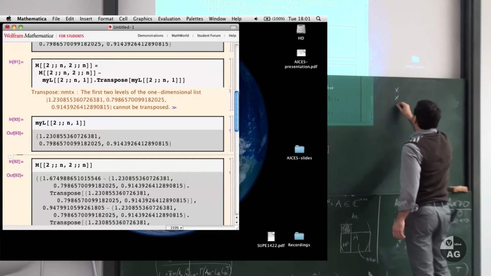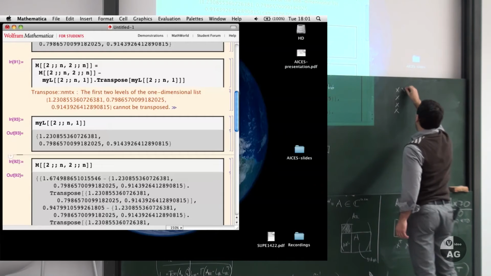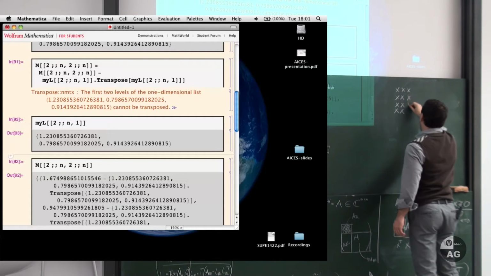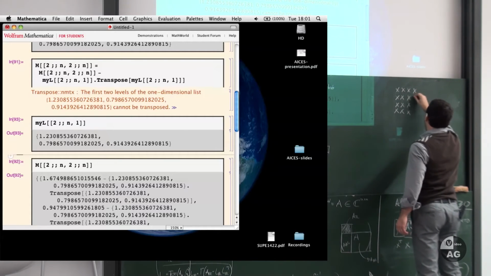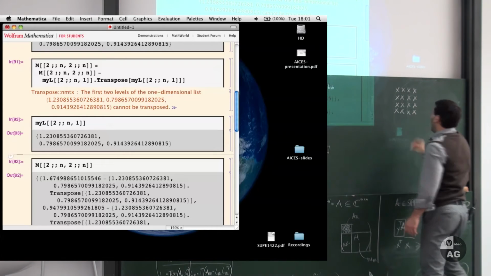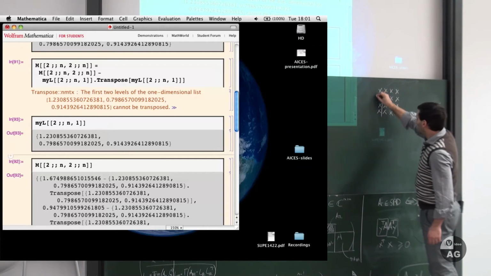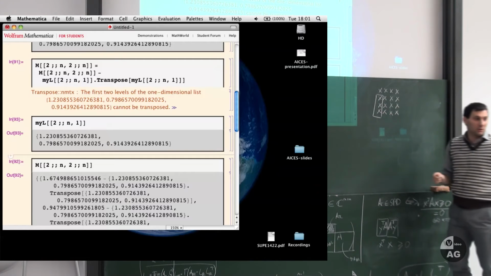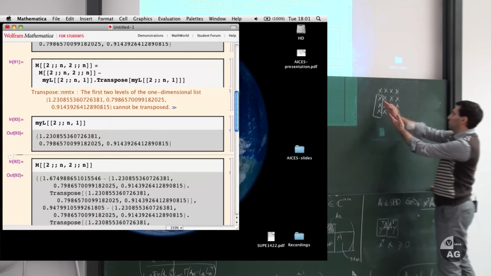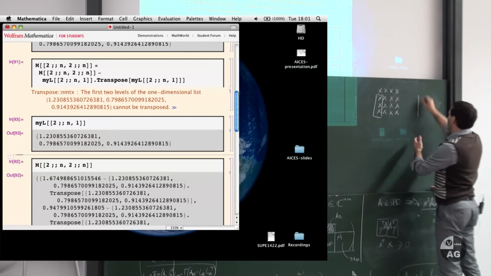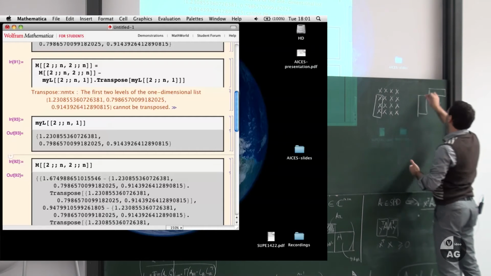We have a 4x4 matrix. And we are trying to access this vector here, this column, piece of a column, to then transpose it and compute something like this.